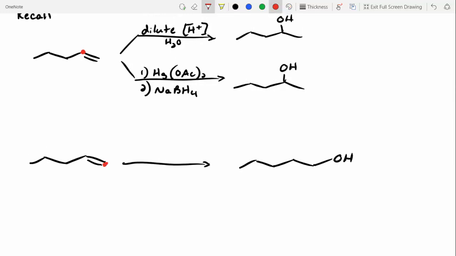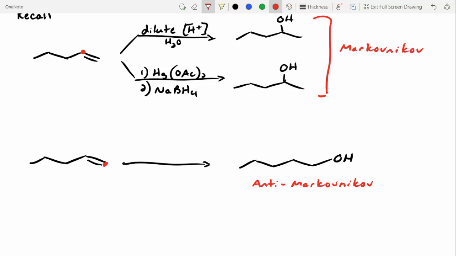But what if we want to add it to the less substituted side of the alkene? What would this product be called? Would it be Markovnikov, anti-Markovnikov? Anti-Markovnikov. Both of these were Markovnikov, because they're more substituted, right? Exactly.